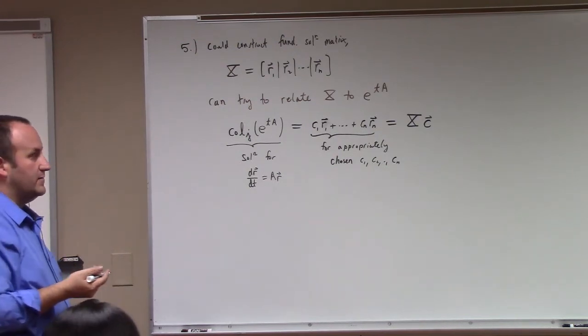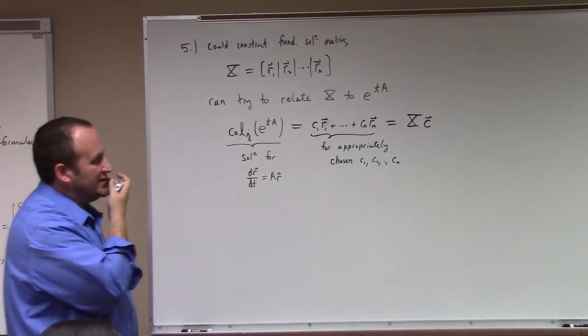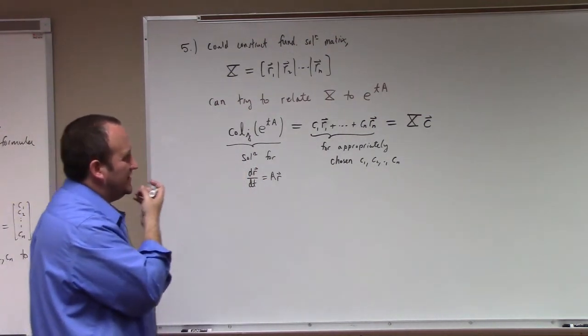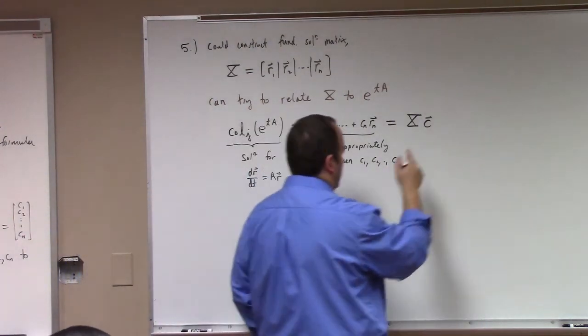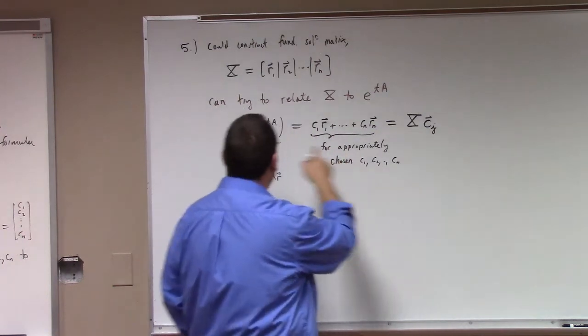So check it out. We can do this for each j, right? Maybe I should call this constant c sub j, because it has a dependence on the jth column.